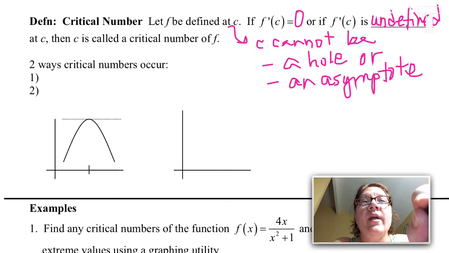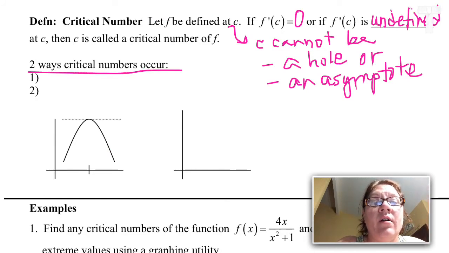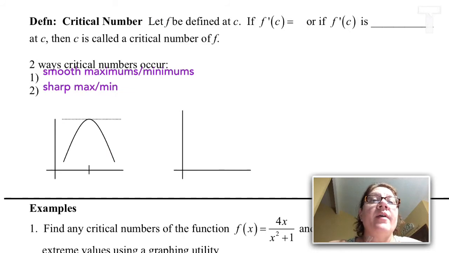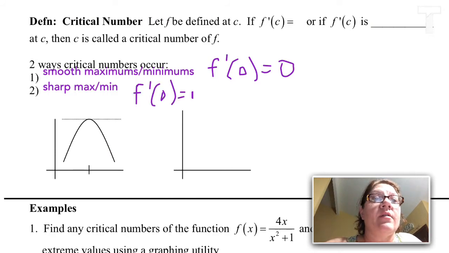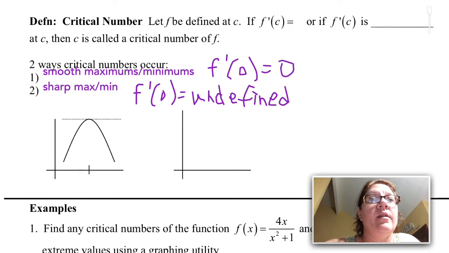And we're going to look at two ways that we can have critical numbers, and they are either at smooth maximums or minimums, and that's of course where my derivative is 0, my slope is 0, or a sharp max or a min, and that's where my derivative or my slope is undefined. Whoops, I didn't mean to put 0 in there. I meant to put c. Oopsies.